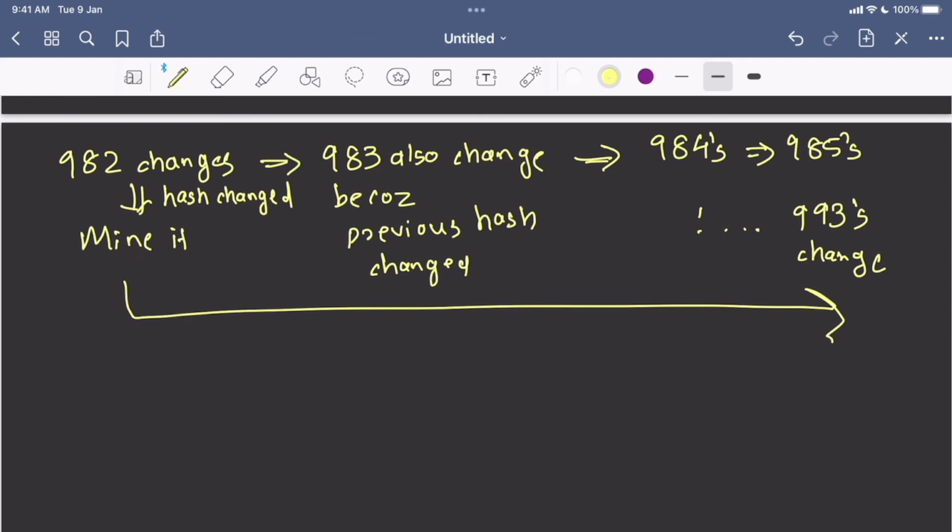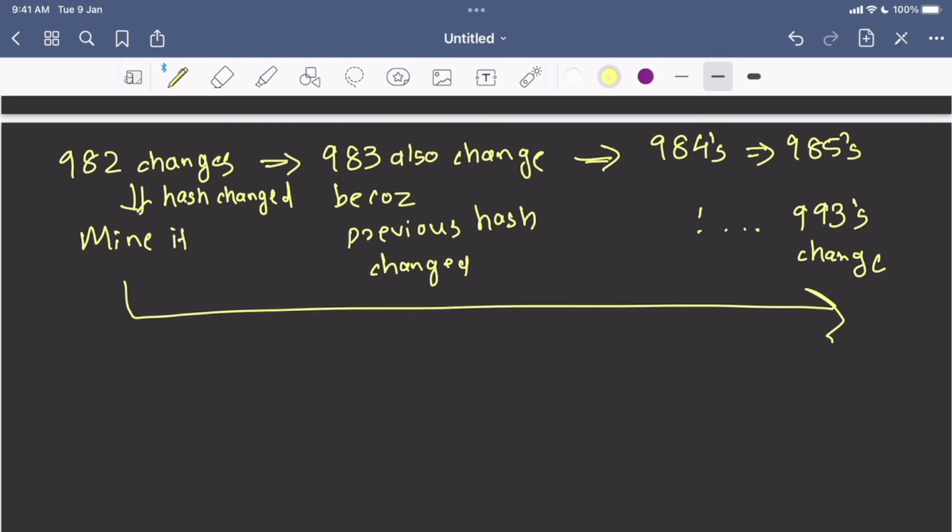So if any bad actor tries to change a confirmed block somewhere in the midst of the chain, its hash will change, and the next block that was pointing to that previous hash will no longer find it. So we will have to change that next block's previous hash to this block's hash, and similarly it will have a cascading effect on all the other blocks till the last block of the chain.